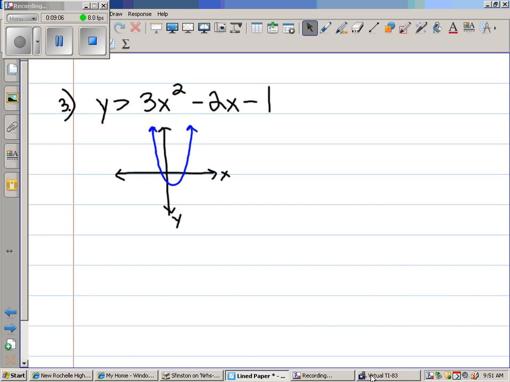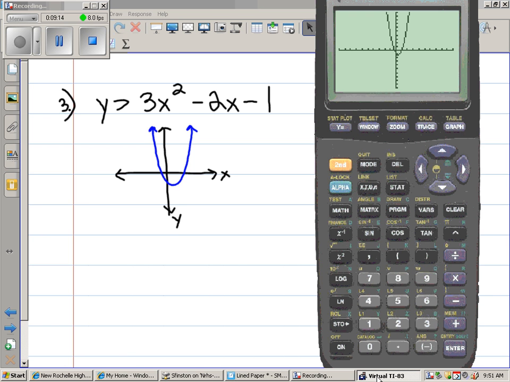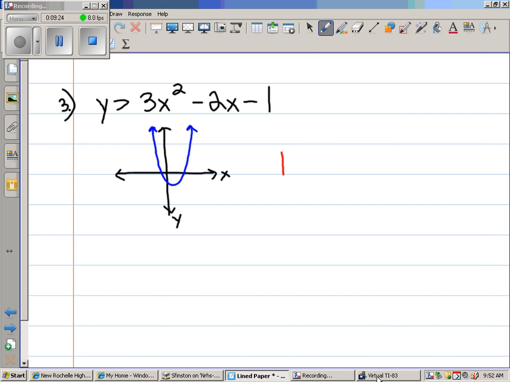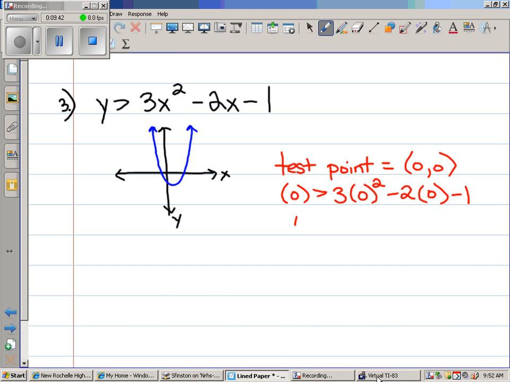There's our graph. Now, what test point do you want to use? 0, 0 sounds good to me. It's easy. Yep, 0, 0. It's my favorite one. Test point is 0, 0, so then we're going to do 0 is greater than 3 times 0 squared minus 2 times 0 minus 1.